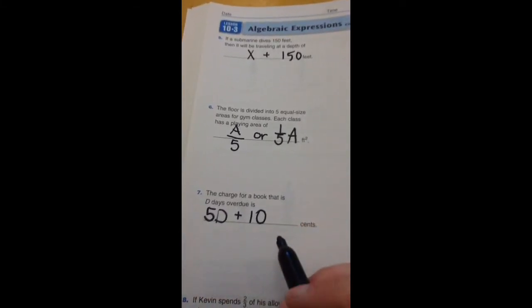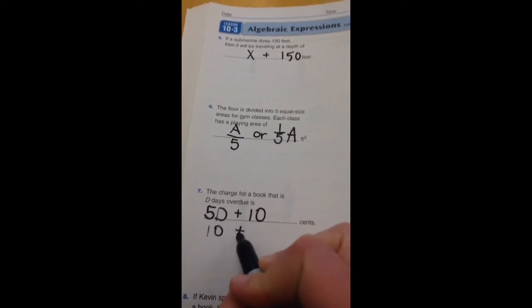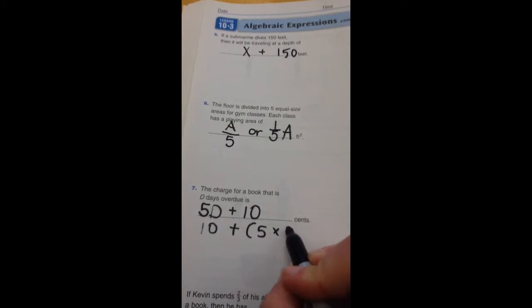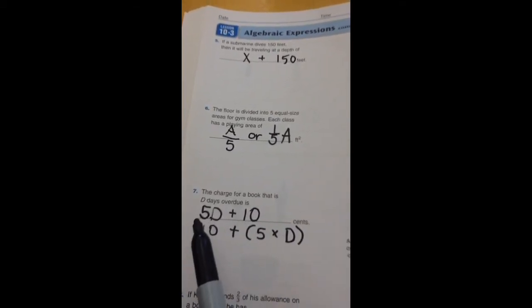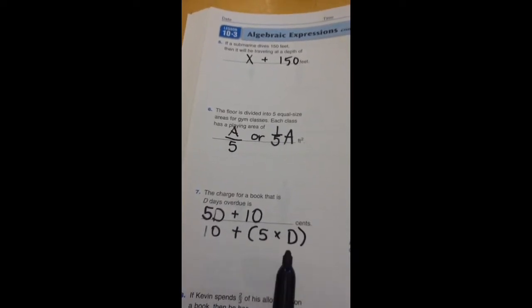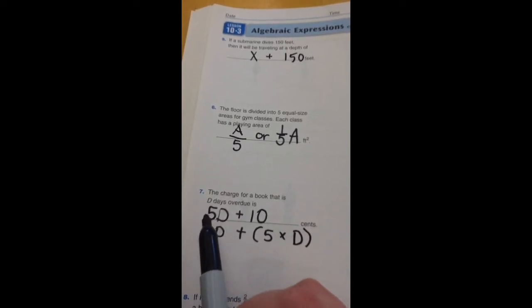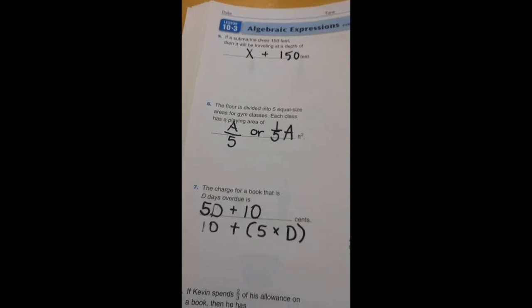So you could write it like this, the 10 cents plus the 5 times D. You could write D times 5, however you'd like to, but this is the idea of the expression. Remember again, when you have 5 and D right next to each other, 5D, that means D 5 times, or 5 times D. Okay? Excellent.